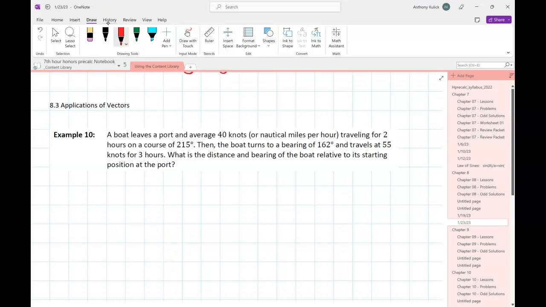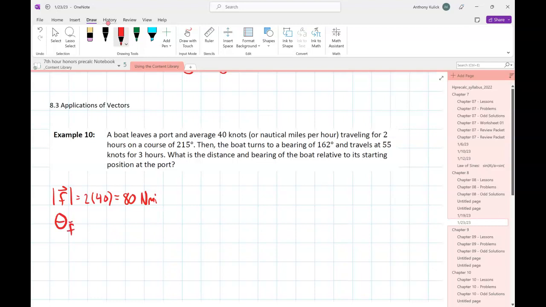All right, so the boat leaves a port at an average of 40 knots, traveling for 2 hours on a course of 215 degrees. So I'm going to call this vector f for first. The magnitude of f is the length. So that's just going to be 2 times 40, so 80 nautical miles.